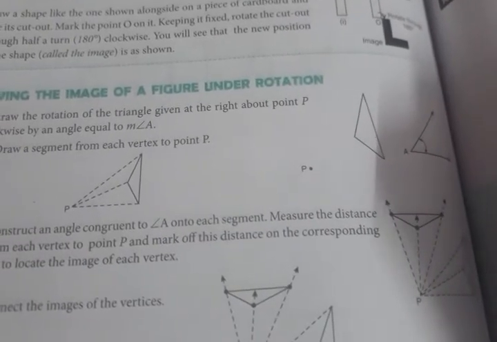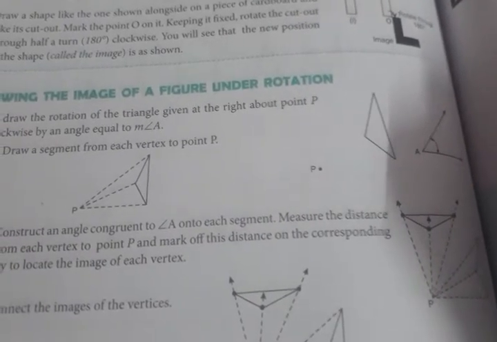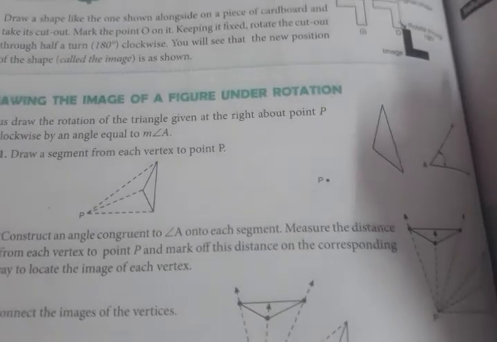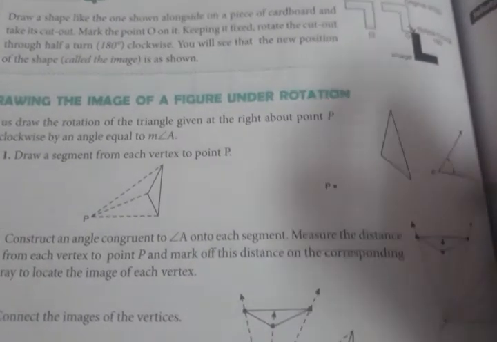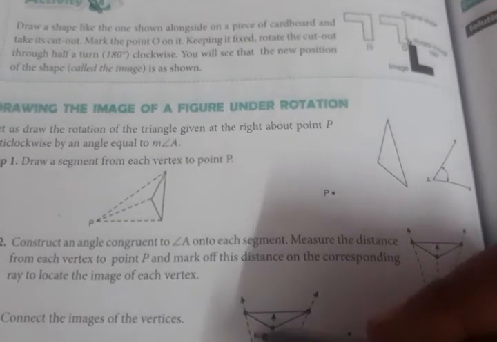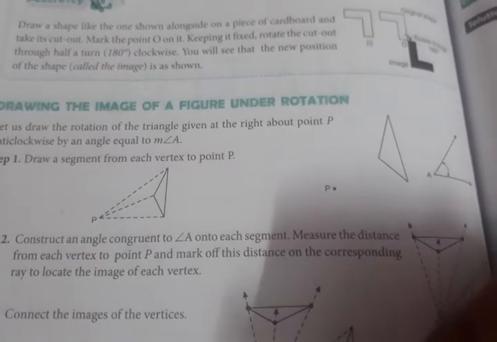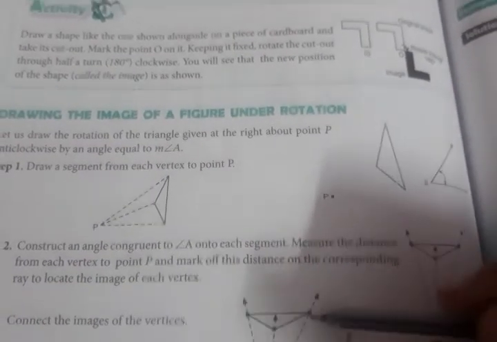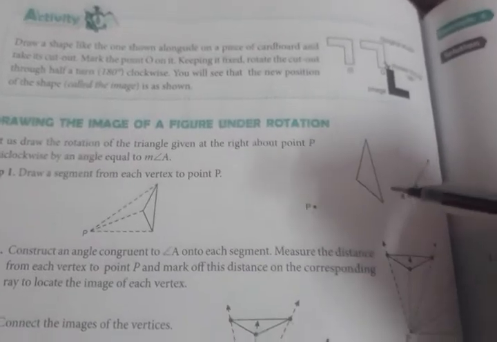Measure the distance from each vertex to point P and mark off this distance on the corresponding ray to locate the image of each vertex. Connect the images of the vertices, and draw the image.